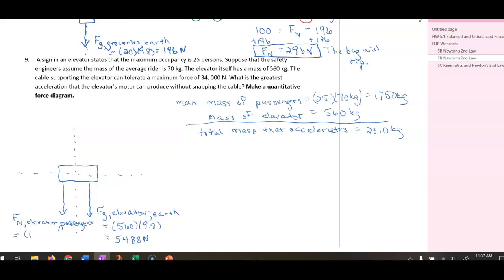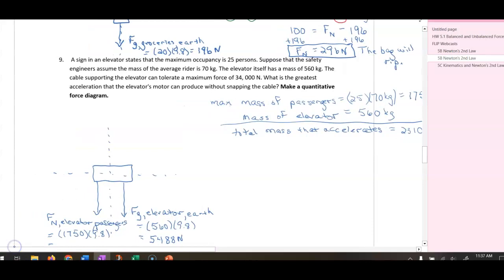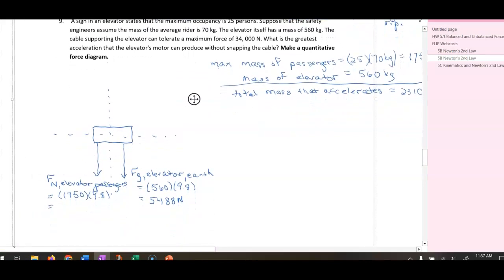And we said their total mass is 1750 kilograms. And so I have to multiply that mass by 9.8. And so that's going to be 17,150 newtons. Okay, so those two forces are pulling the elevator down.